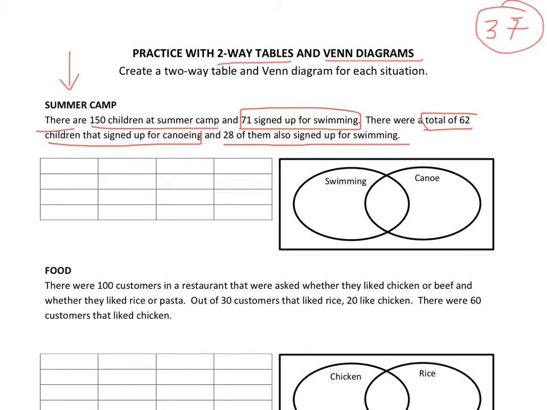So it sounds like they're talking about swimming and canoeing. Now, for sure, I know that this bottom row is always titled total, and this top column is always titled total.